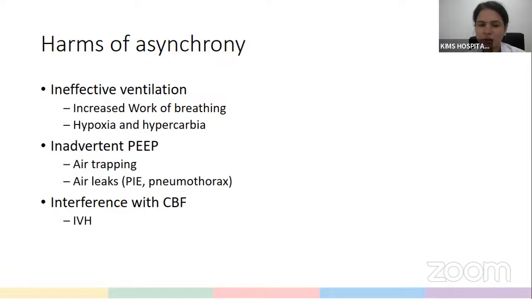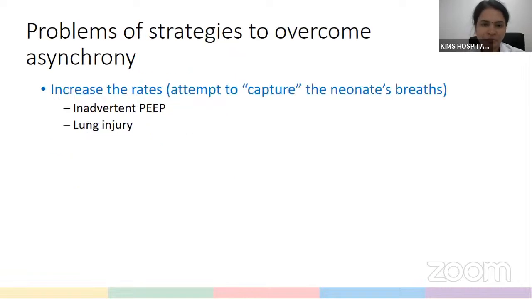Likewise, when the patient has not finished expiration and the next ventilator breath initiates before that, this can lead to trapping of some gas in the baby's lungs. This is associated with a higher risk of air leaks such as interstitial emphysema and pneumothorax. And the presence of asynchrony results in fluctuations in cerebral blood flow, leading to the risk of IVH or PVL in a preterm baby.